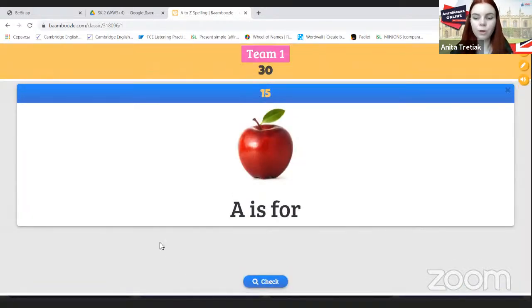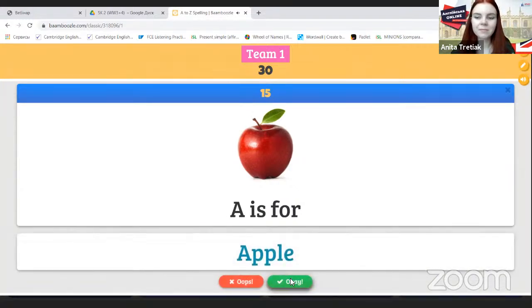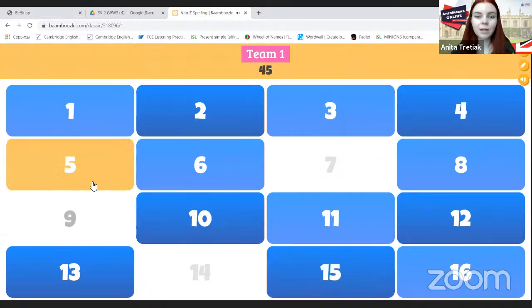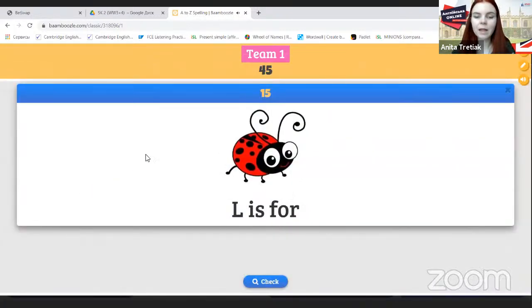A is for apple. Yeah, that's obvious. Very good that you know this. Another one. L is for.